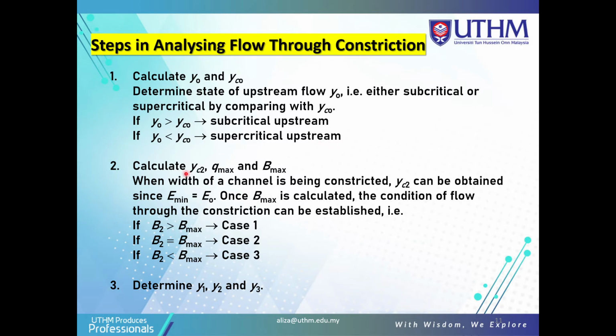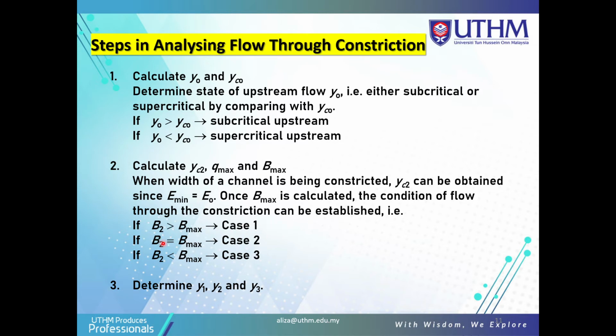Okay, so calculate Y at constriction 2 using Q and B max. When the width of a channel is being constricted, Y2 can be obtained since E minimum is equal to E naught here. Once B max is calculated, the condition of flow through the constriction can be established: B2 more than B maximum is case 1.